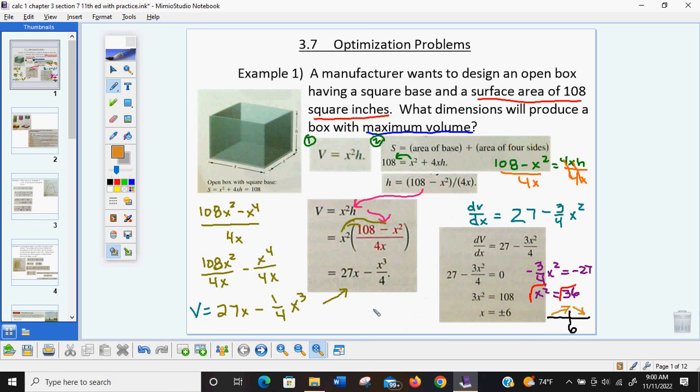So we would have h equals 108 minus 6 squared over 4 times 6. And if you solve that, h is going to be equal to 3. So that tells me my dimensions would be 6 times 6 times 3 in order to get the maximum volume.